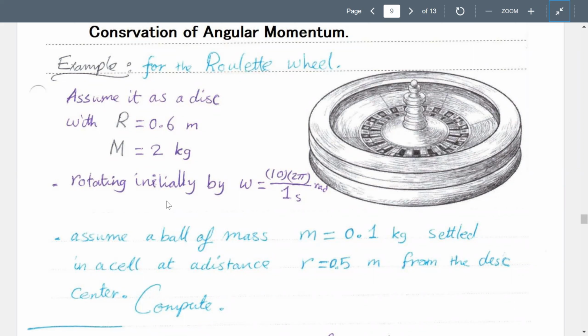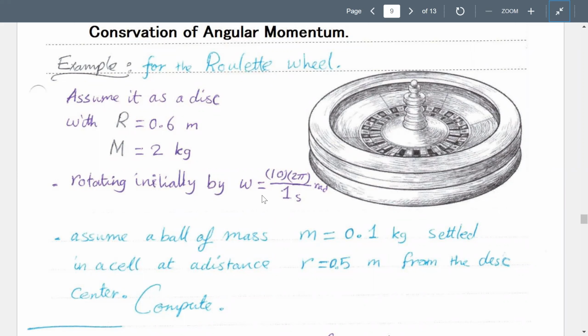It is rotating initially with a velocity of 2 pi over 1 second. 2 pi means 1 rotation, as we saw in the previous example. So we have 10 rotations per second. It is fast, as you see.